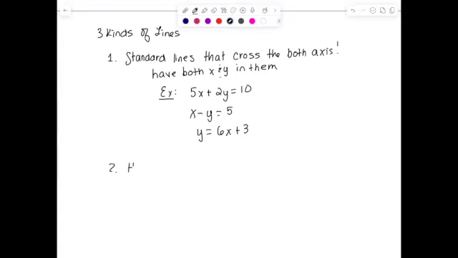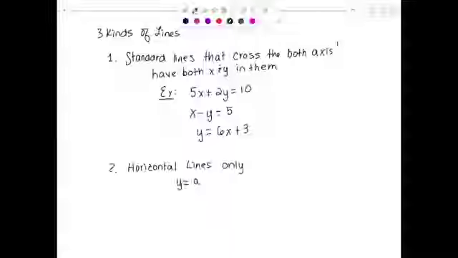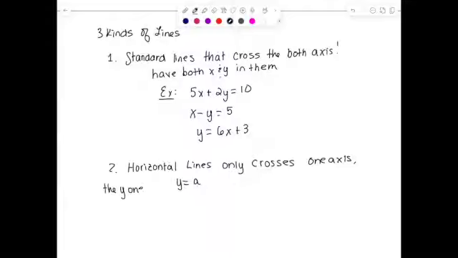2, horizontal lines. These are lines that are fixed. They don't really change at all. So they are going to have y equals some number. y equals a. So it only crosses one axis, the y one.